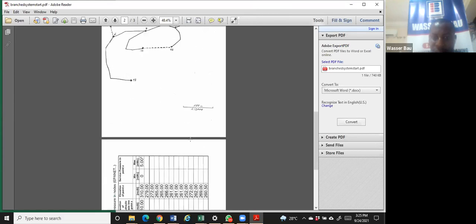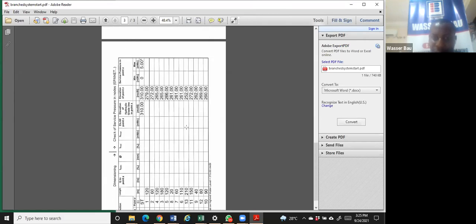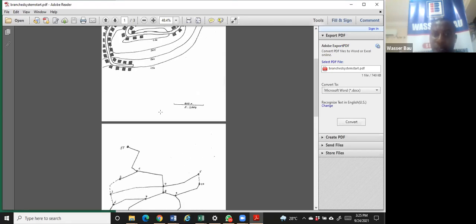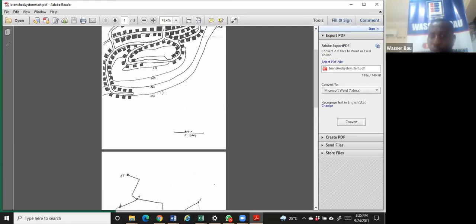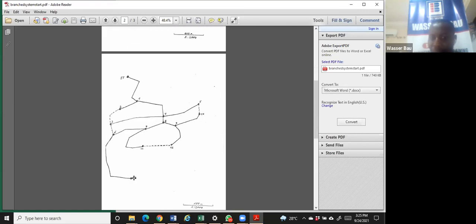That 210 is the distance. Point 13 is 252. That's the elevation. If you come down here, you can see that this is 252 because this is 250, this is 260. So somewhere at this point where my cursor is, which is point 13, is 252.